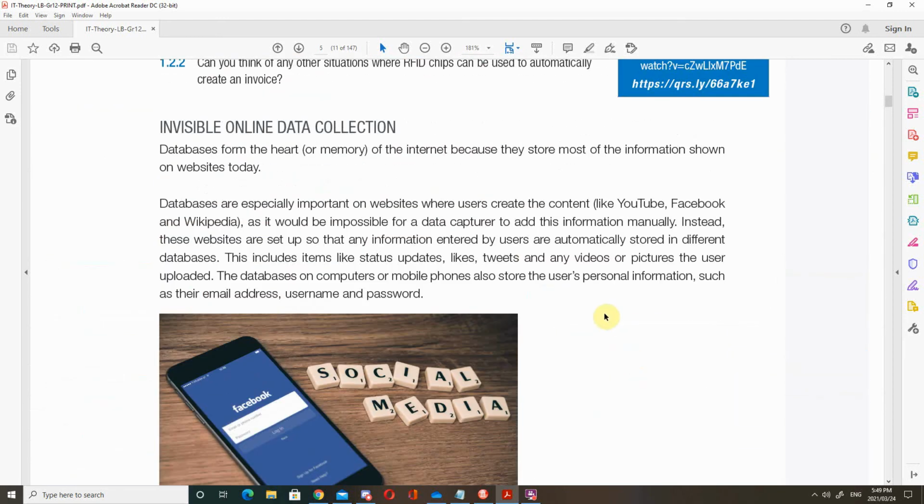But a main thing with the invisible data collection part has to do with information being captured on you or from you without you knowing it. What that means is, let's say you go to a shop and you buy a loaf of bread with your credit card. You would think, okay, they're keeping track that I bought the bread.